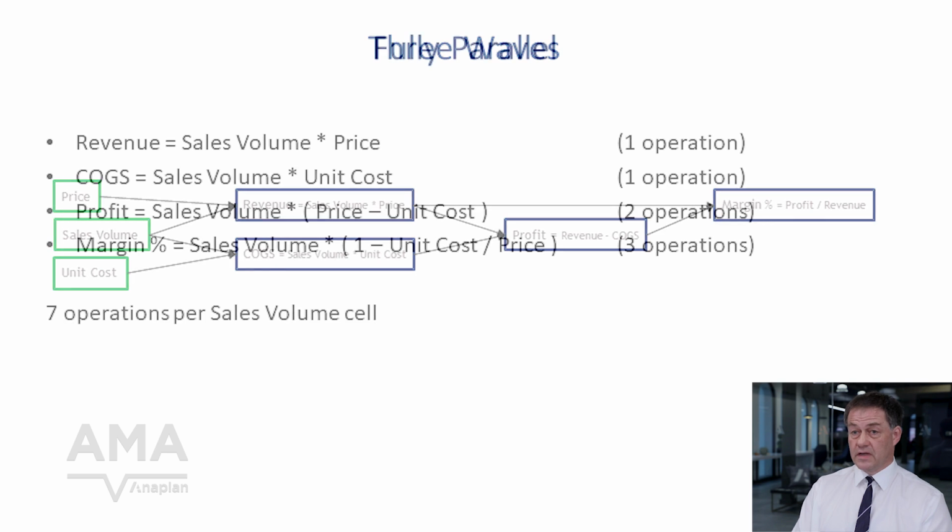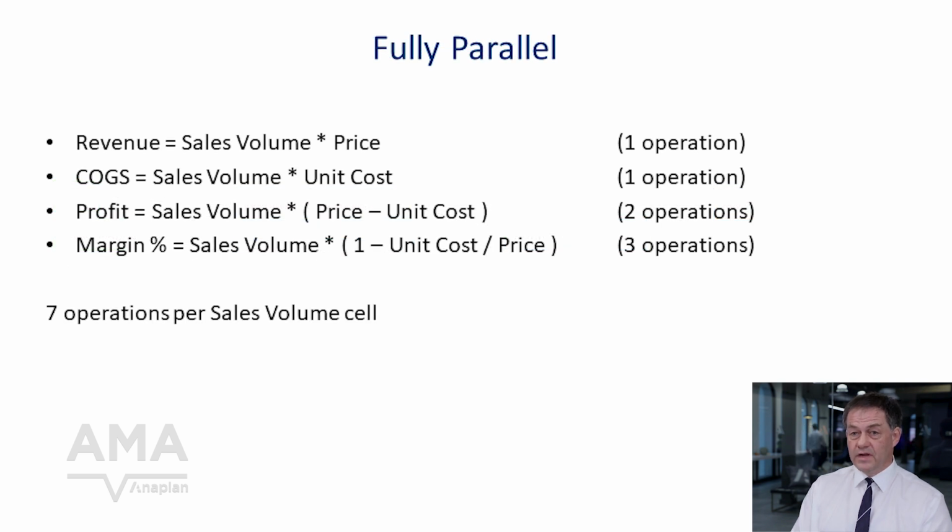There's another way of writing the calculations in which each of the calculated items depends only on the primary data, those 3 line items: sales volume, price, and unit cost. And you can see the calculations are more complicated, and in particular, the calculations do more operations each. To calculate margin percent in this case, and the others, we are doing not the 4 calculations, but 7 this time. So you'd think that that would be more inefficient.